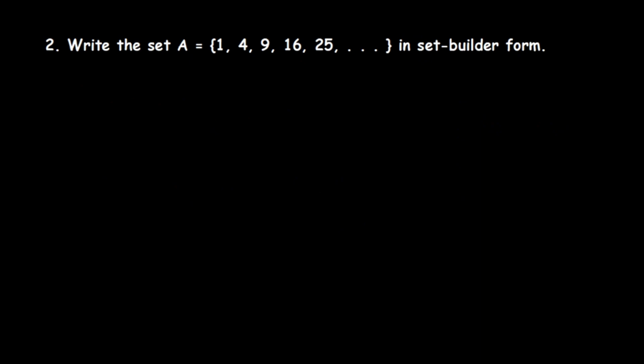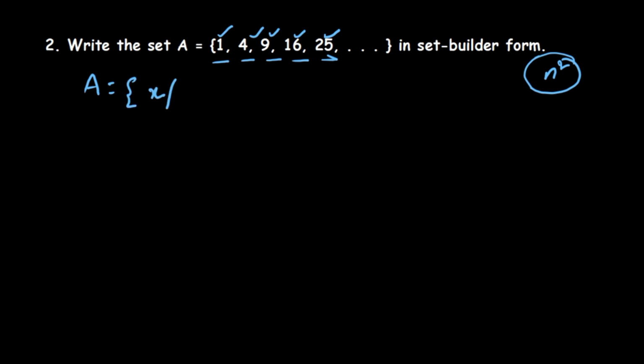The next question: write the set A equal to 1, 4, 9, 16, 25, so on in set builder form. So how to write in the set builder form? Just we take A equal to, and if you observe here these are 1, 4, 9, 16, 25. This is 1 square, 2 square, 3 square, 4 square, 5 square. Finally it is in the form of n square. Then how to write this? A is equal to x such that x is, these are the square numbers, right?